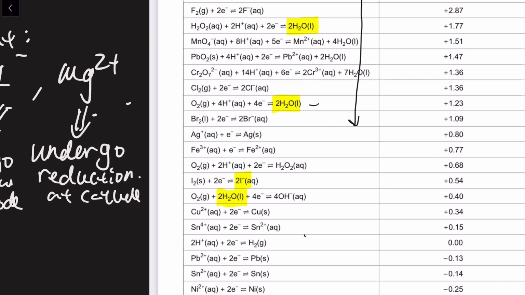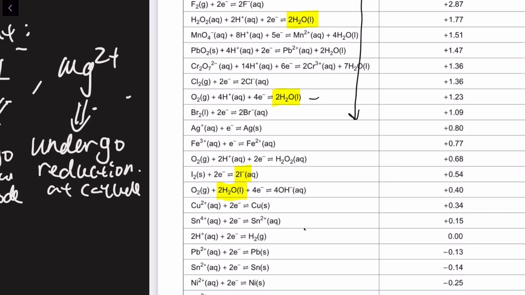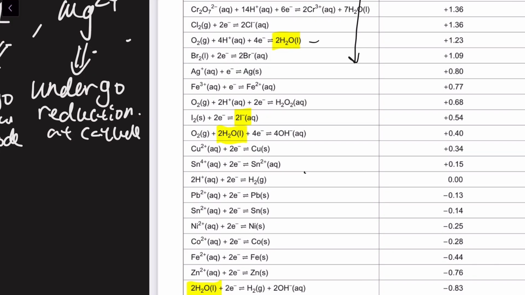So perhaps let's rule out some possibilities first. This reaction is not possible because we do not have a constant supply of oxygen gas in our system. So oxygen is not one of the reactants, and this reaction would not be possible.